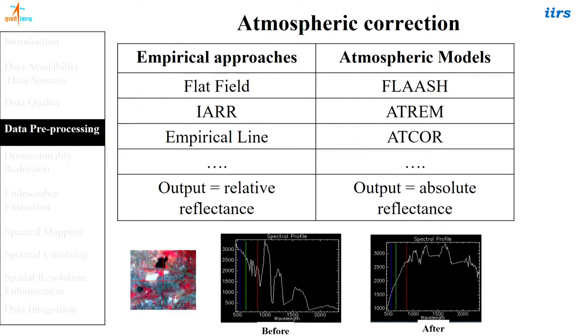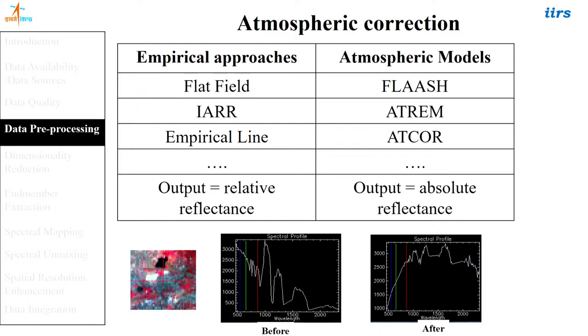Coming to empirical line calibration, in this case we require two ground measurements, one for a dark feature and one for a bright feature, and you have to solve a linear equation, that is y equals ax plus b, where x is the radiance and y is the reflectance collected from the ground. For the dark feature you take the equation where x and y are known, and for the bright feature also y and x are known, and then you calculate a and b.